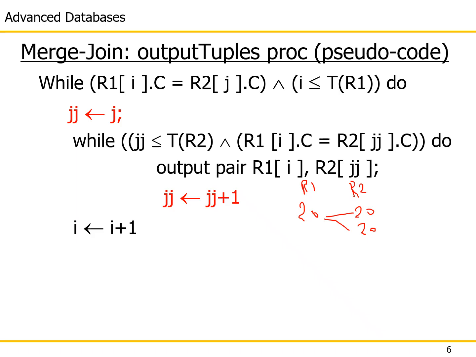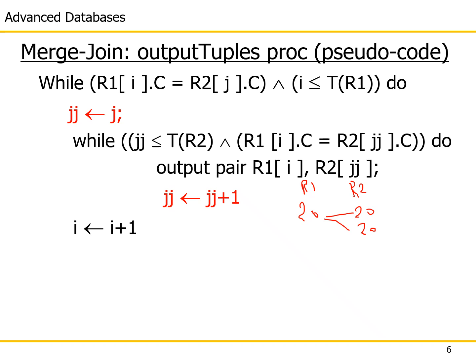So while jj is not beyond the last row in R2, and as long as R1 of I.C is equal to R2 of jj.C, I will output the pair. If we're just printing it on the command line, it's going to be like System.out.println. Otherwise, output pair here will be adding an entry in the result set. I'm going to take R1 of I and R2 of jj and put it in the result set. That's what the output pair will do here. And then I will increment the jj by 1.